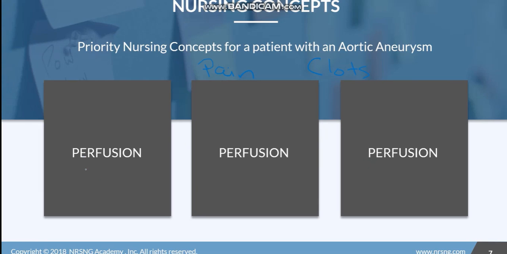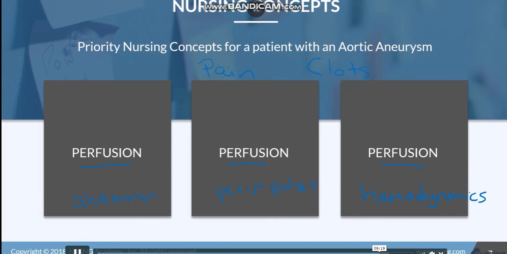But I really want you to think perfusion. So we need to check the abdomen for pulsating masses. We need to check all the peripheral pulses. And we, of course, need to watch our hemodynamics. Perfusion is a top priority for this patient.